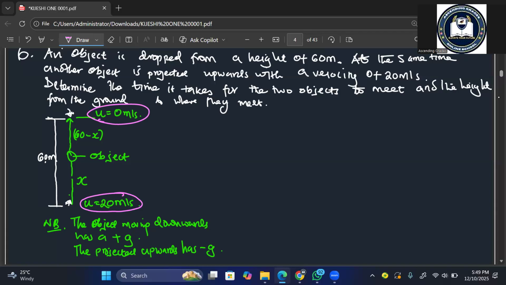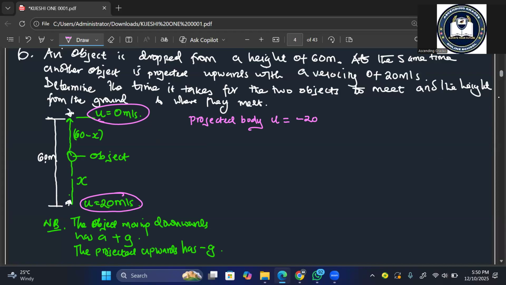Now let's go ahead. So we can start with the projected body. Its initial u, since we have said that it is moving against gravity, we can award it negative 20 meters per second.